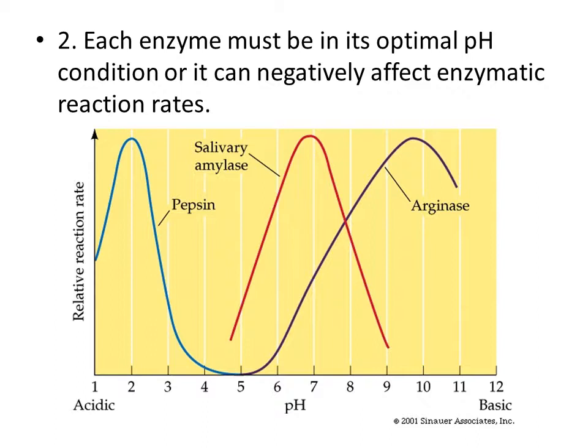Pepsin works best at a pH of 2. At a pH of 3, it does not work well. At a pH of 5, it won't work at all. Each enzyme has its optimal pH. So temperature can negatively affect enzymatic reactions, and pH can negatively affect enzymatic reactions.